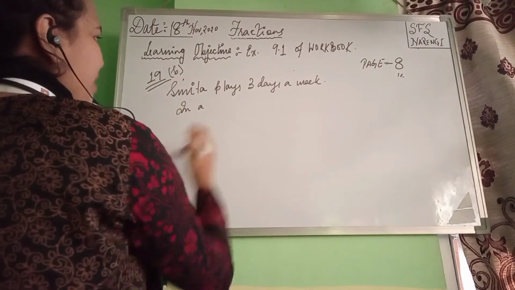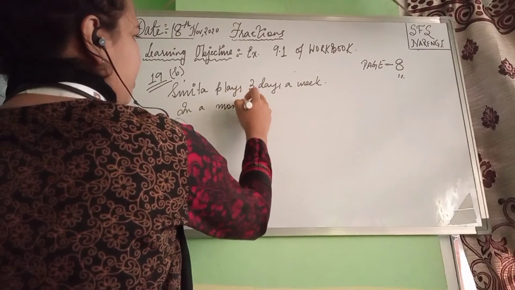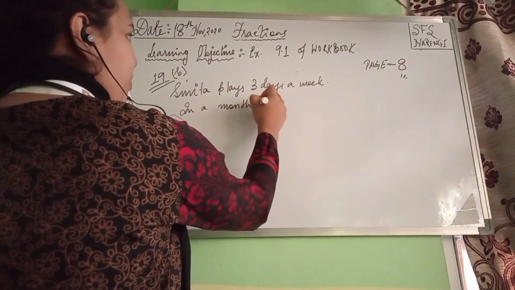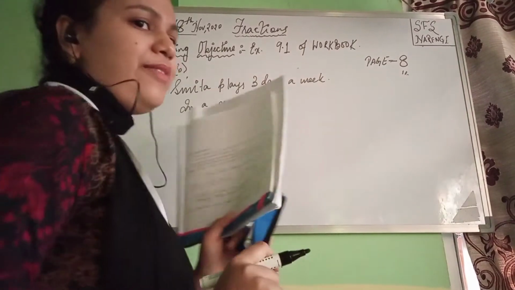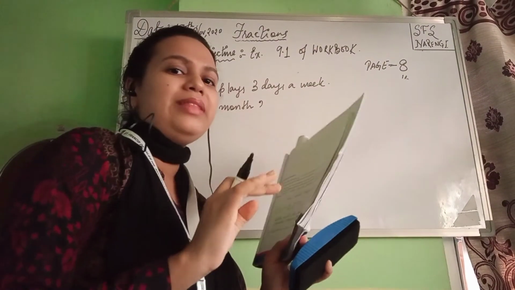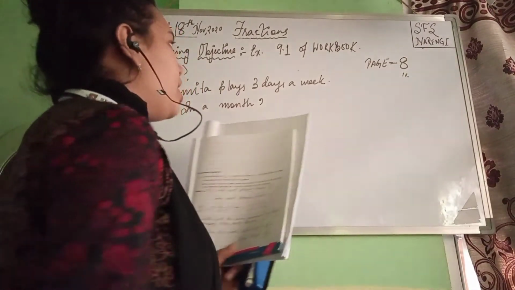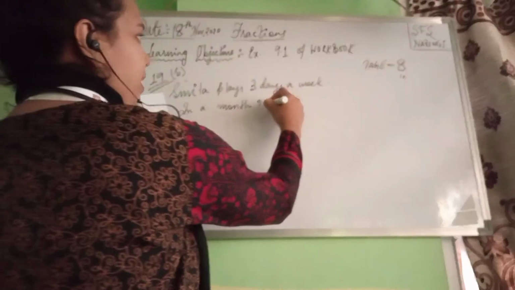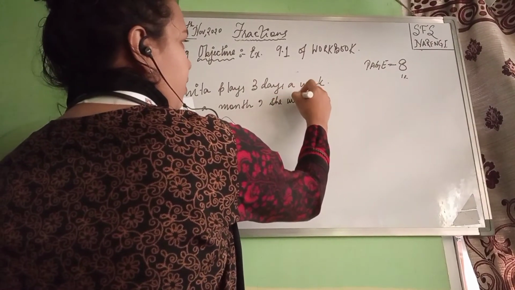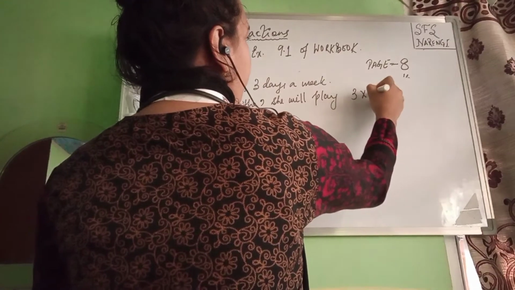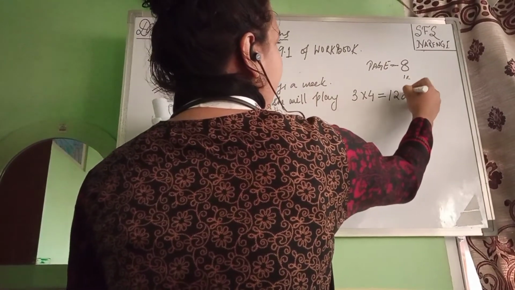In a month, how many days will she sing? Because 1 week has 7 days, right? And 1 month has how many weeks, children? 1 month has 4 weeks. So in a month, she will sing 3 into 4, that is 12 days.